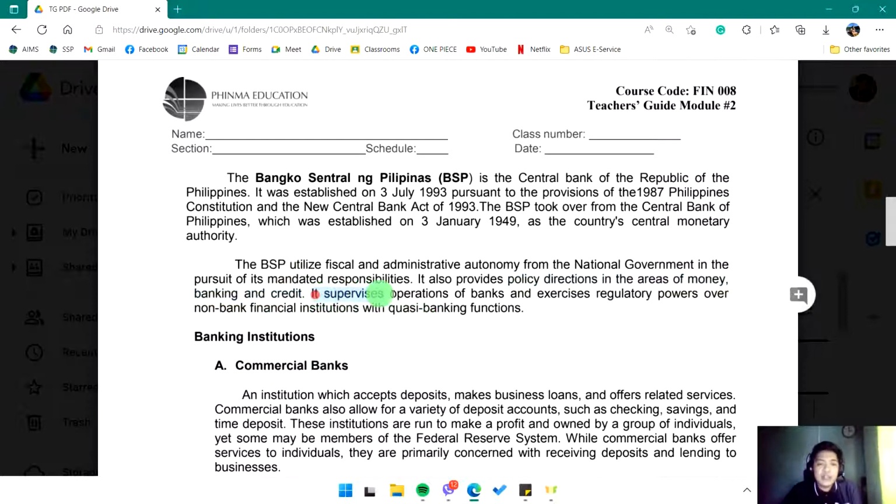It supervises operations of banks and exercises regulatory powers over non-bank financial institutions with quasi-banking functions. So, aside from the regulation of the banks, sinusupervise din nila yung mga non-bank financial institutions natin. Like say for example, yung mga different companies na nag-o-offer ng mga loan, nag-o-offer ng credits, nag-o-offer ng insurance of some sorts, and everything else.